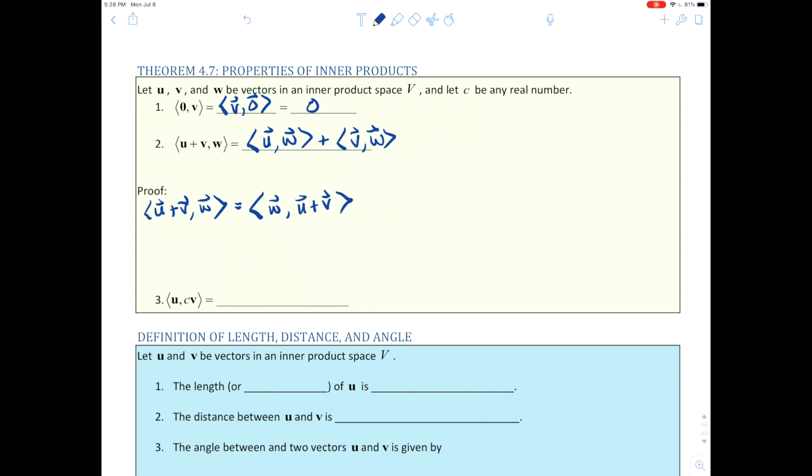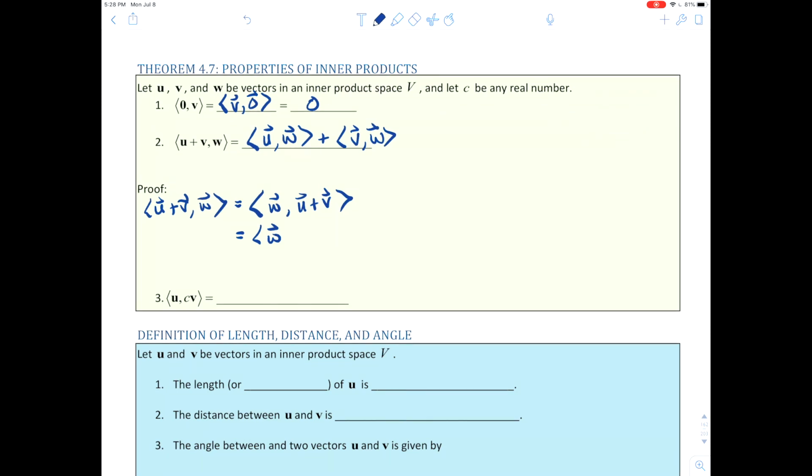But didn't we already learn that this was equal to, we used different vector names, the inner product of w and u plus the inner product of w and v? Cool so far? But what do we know? We know we can commute them within the inner product, right? So this is equivalent to the inner product of u and w plus the inner product of v and w.